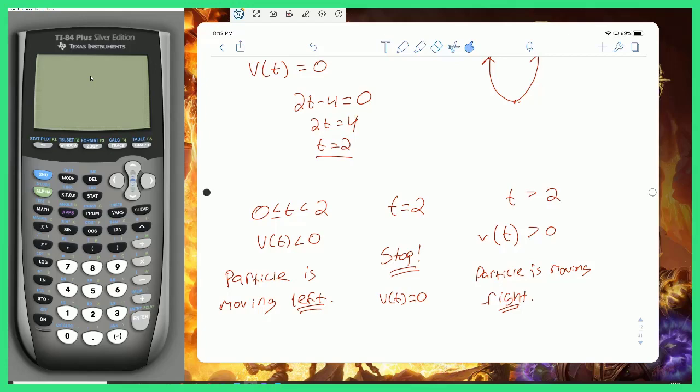So you can get rid of it if you'd like. It doesn't really matter. Exactly at 0, I'm not really moving, I'm just starting out. Anything after 0, I'm going to start moving left. I'm going to stop at 2, and I'm going to start moving right everywhere after 2. So that's what this particle is doing. And you need the derivative, which is basically the slope, in order to answer that question. Okay?